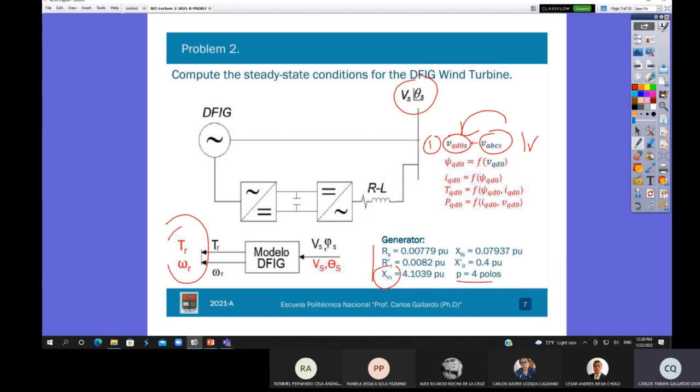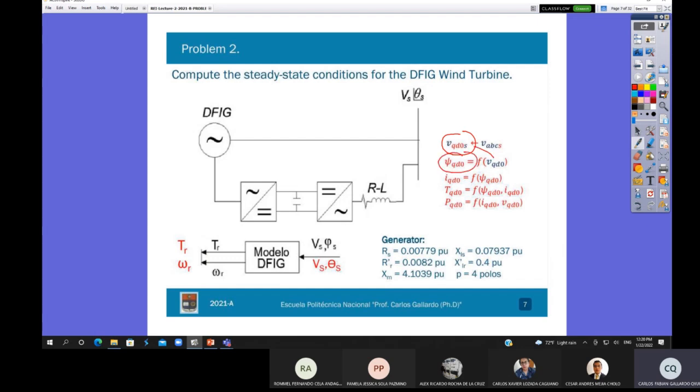I will follow the same methodology for the stator and for the rotor. In this case, I will have the superscript ABC, meaning the natural reference frame, and S meaning the stator. So once I have the voltages, I will compute my second step, the fluxes.